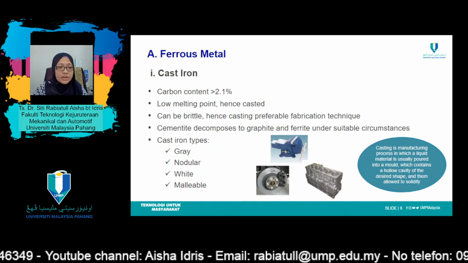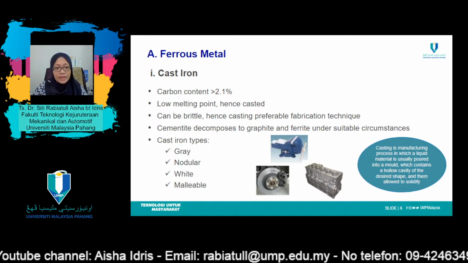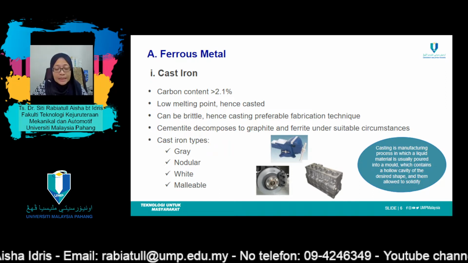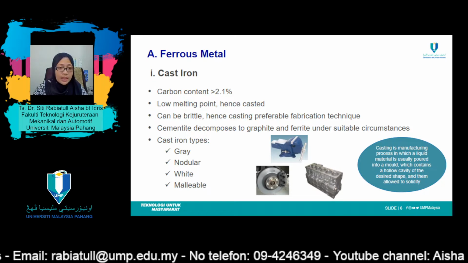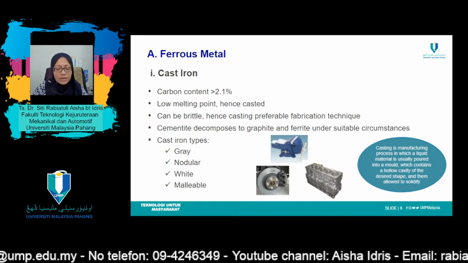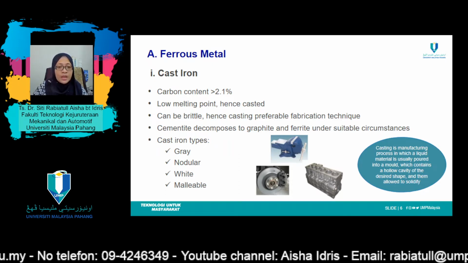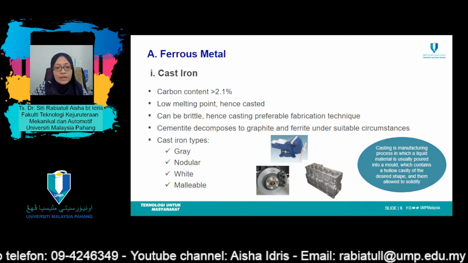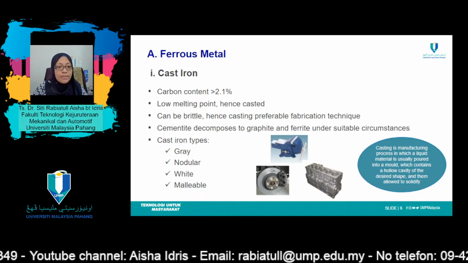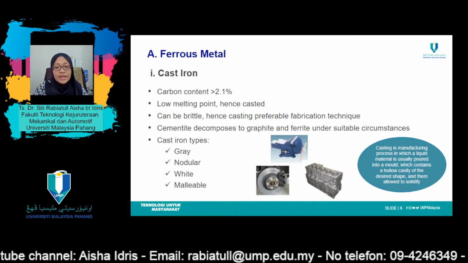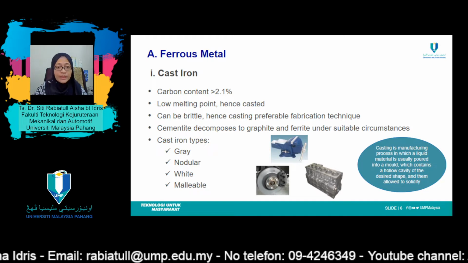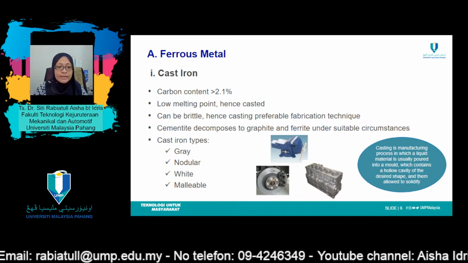A re-examination of the iron-carbon phase diagram reveals that alloys within this composition range become completely liquid at temperatures between approximately 1150 and 1300 degrees C, which is considered lower than steel. Thus, they are easily melted and easily cast. Furthermore, some cast irons are very brittle, and casting is the most convenient fabrication technique.